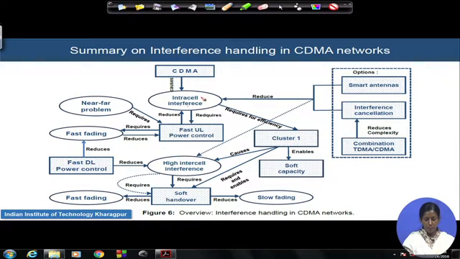And once this kind of interference is there, it requires fast uplink power control.